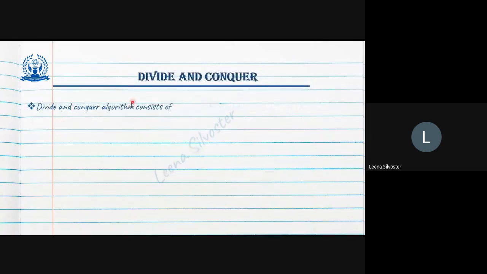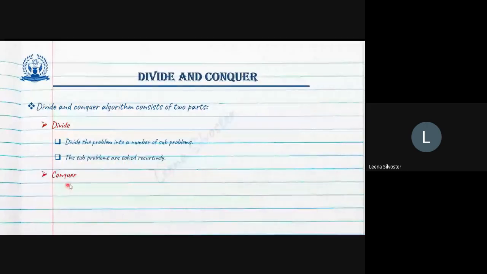So we are having two stages. Divide and conquer algorithm consists of two parts. Divide. Divide the problem into a number of subproblems. The subproblems are solved recursively. Conquer. The solution to the original problem is then formed from the solutions to the subproblems.